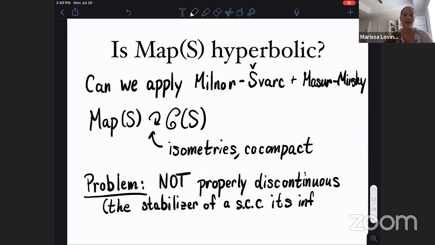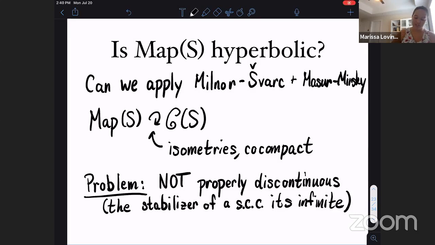And so already you have at least one infinite piece in your stabilizer. So this is always infinite. So we really fail on that properly discontinuous bit. Okay. And in fact, this shows that Milnor-Schwarz doesn't give you hyperbolicity, but maybe there's some other way.